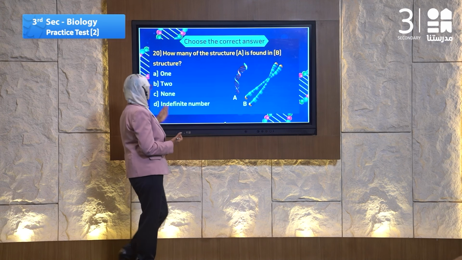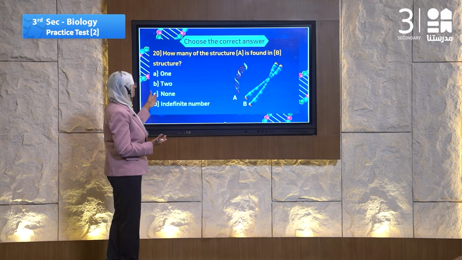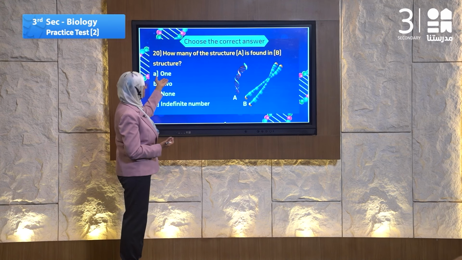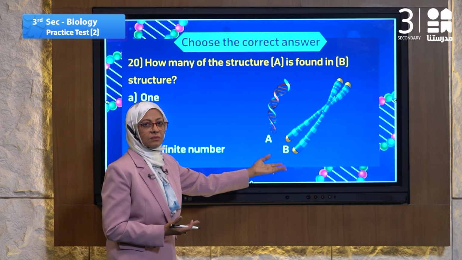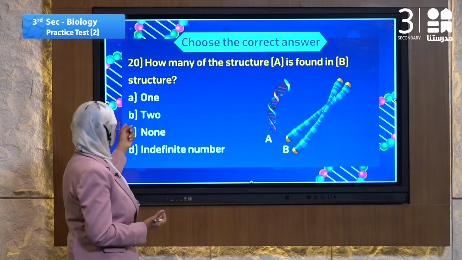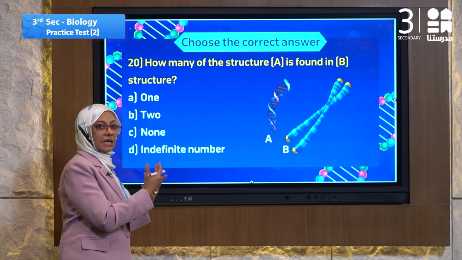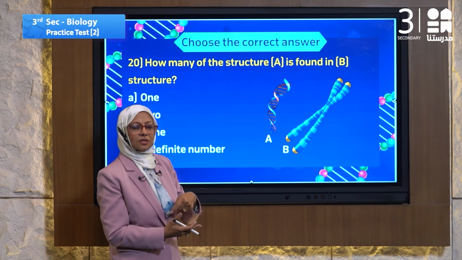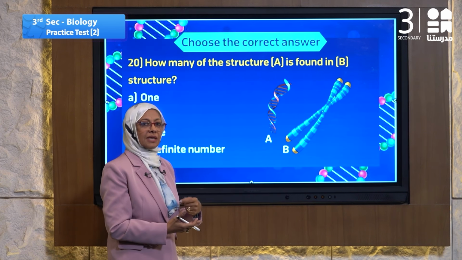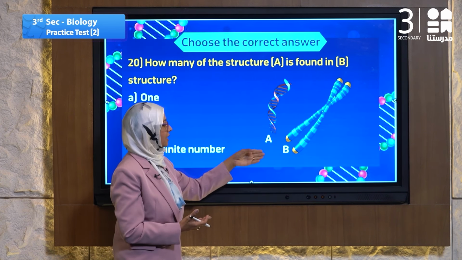Let's read the choices. Number A, one. Only one in the structure B? No, we have two. Two, that's the answer. Each chromatid contains one double strand of DNA, that's structure A.